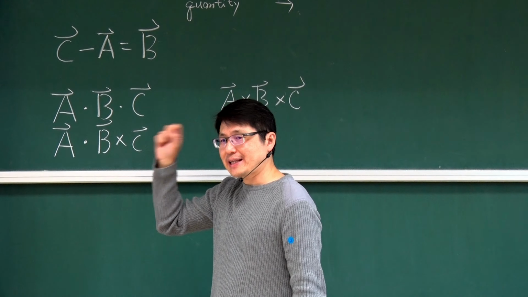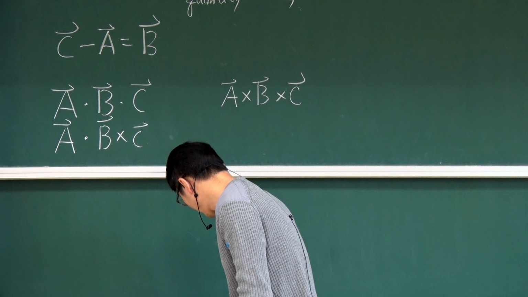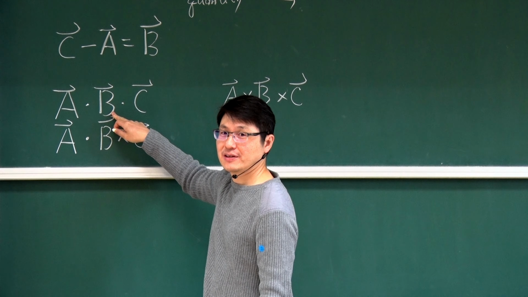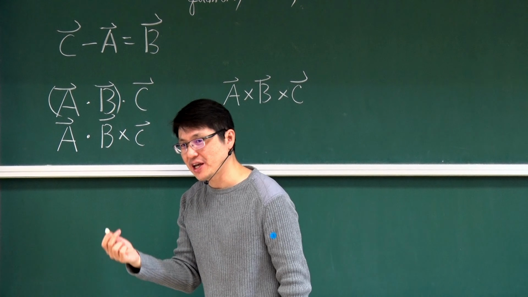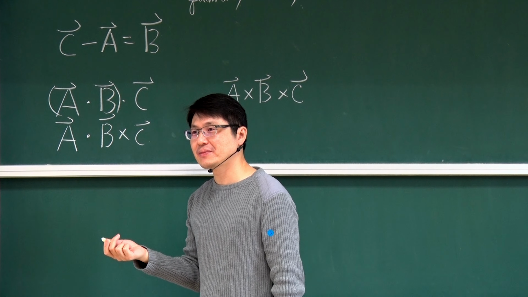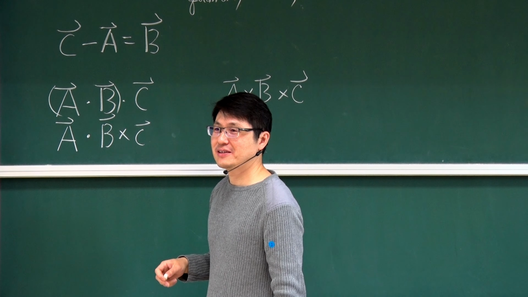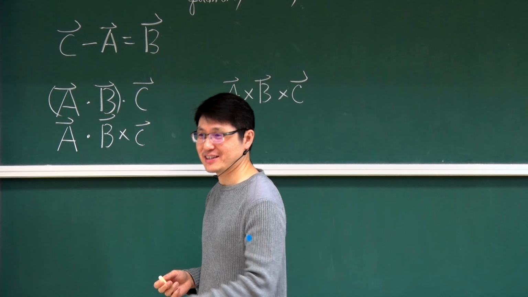This is really a test of your understanding up to now. A dot B results in a scalar or vector? What's the result of A dot B? Scalar or vector? Very good. Yeah, scalar.